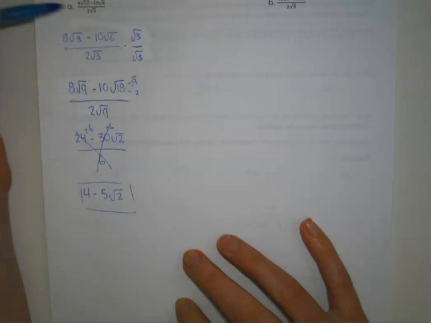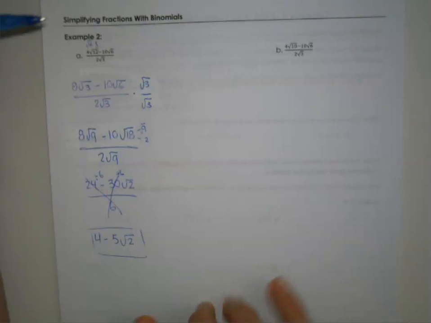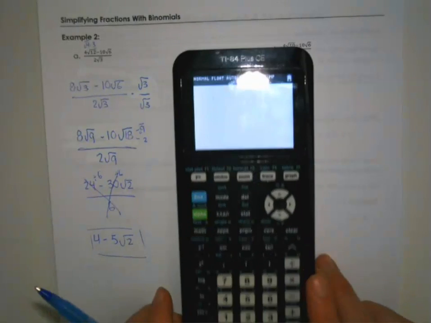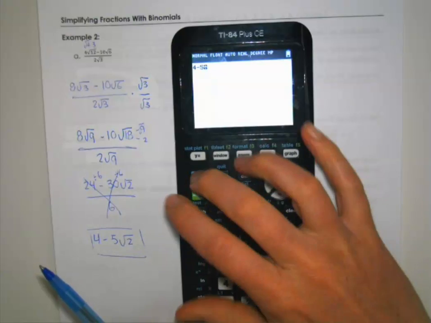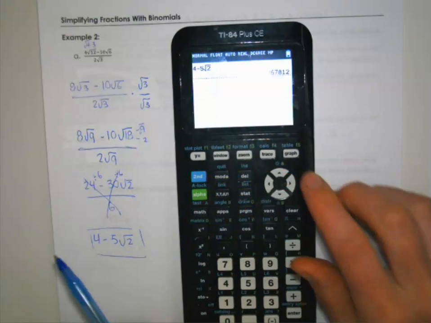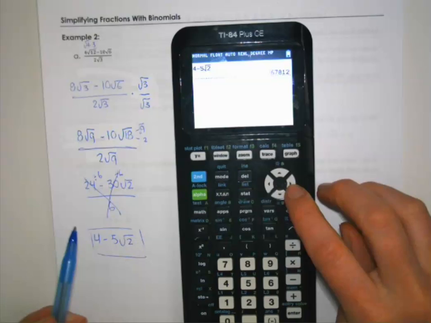Now, like I showed you guys in the previous lesson, you can always check this in your calculator. It's a little bit more complex, but if you do 4 minus 5 root 2, so 4 minus 5 root 2, we get negative 3.07.